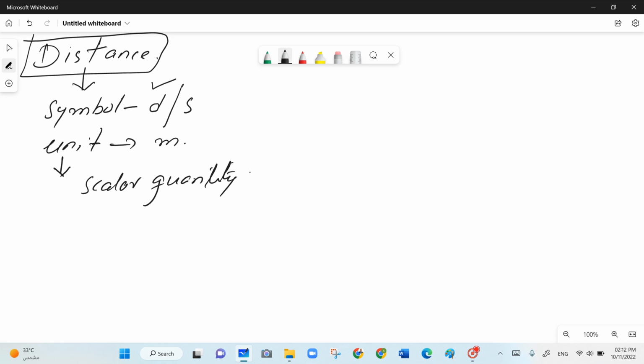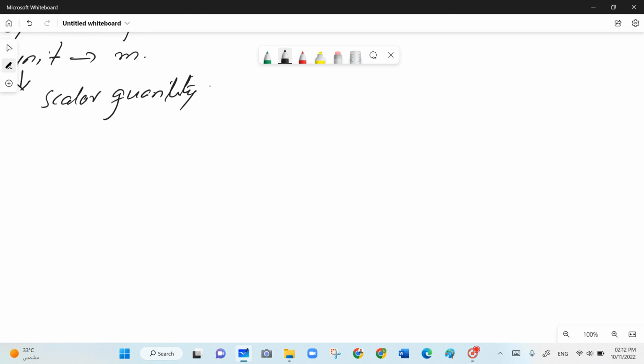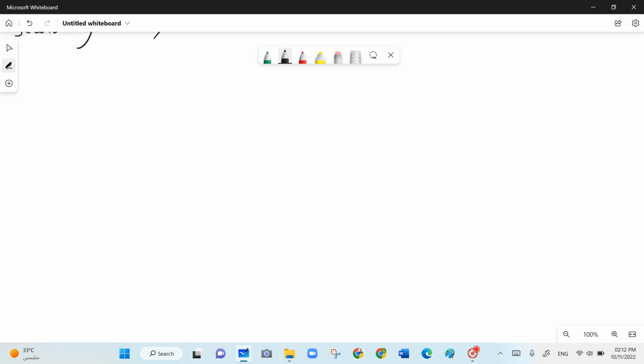Then what is its nature, how can we handle it and manage it theoretically and mathematically as well. Let me consider a point here, and I'm going to give a name to this point: this is a reference point or origin.